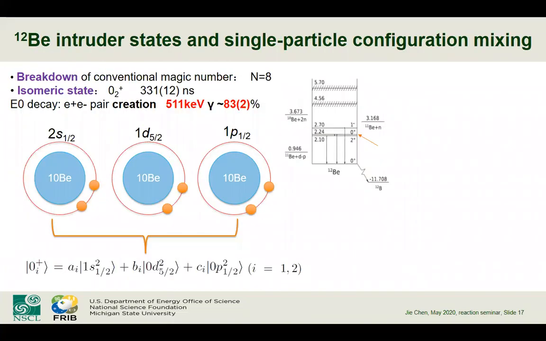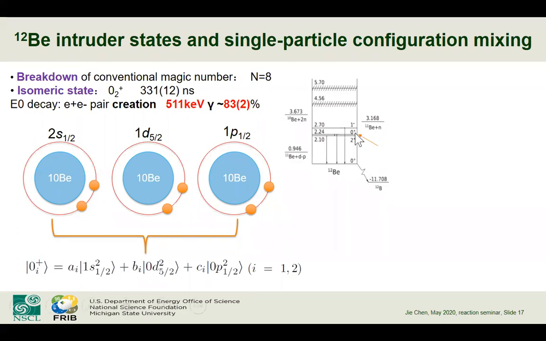Beryllium-12 has four particle bound states. The low energy of the three excited states indicates the breakdown of the N equals 8 magic number. In the excited states, there is also an isomeric state with a lifetime of around 300 nanoseconds, which decays with a very large branching ratio by emission of electron pairs.